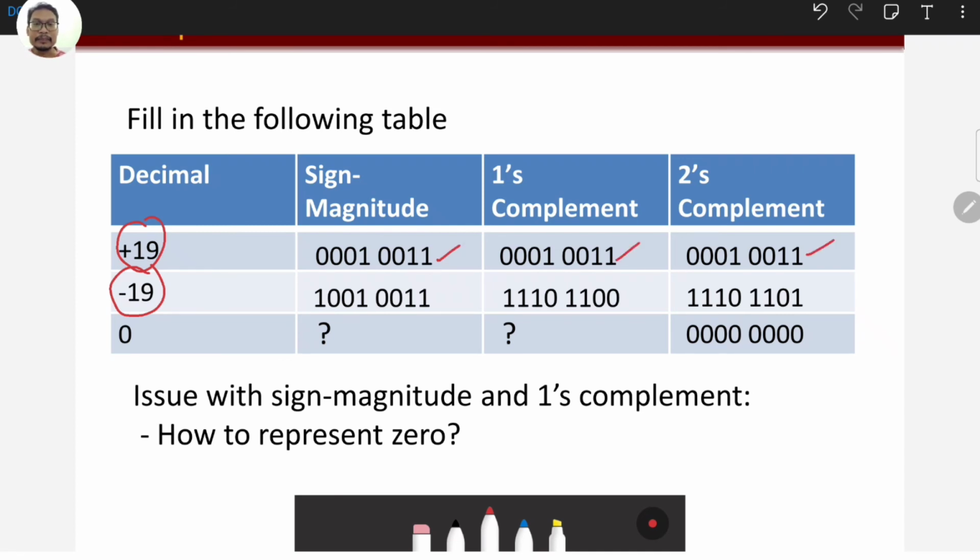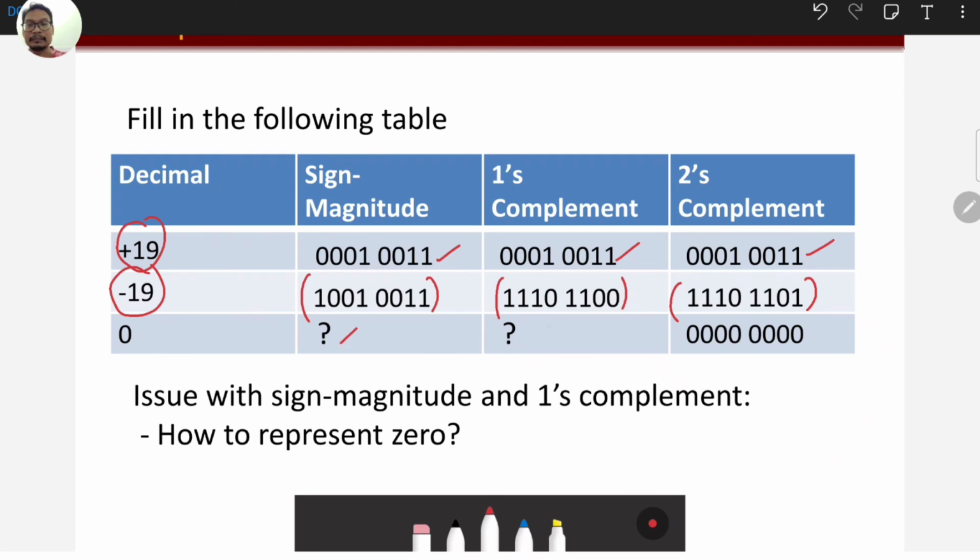However, in the negative representation they can be slightly different. The sign magnitude representation is different from the 1's complement, and also different from the 2's complement. So it's very important to note which number system you are using to represent the negative number.